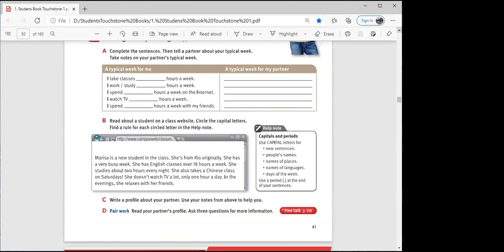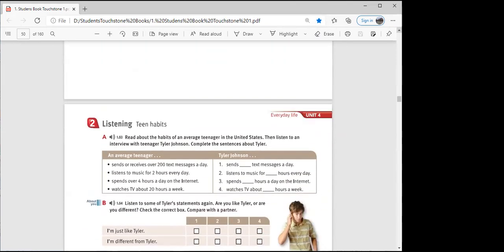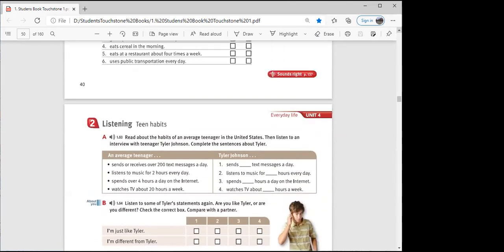Lesson D, it's kind of difficult, but maybe you find a couple sentences about reading. Okay? So we finished lesson D today, and we will continue with unit 5 tomorrow.